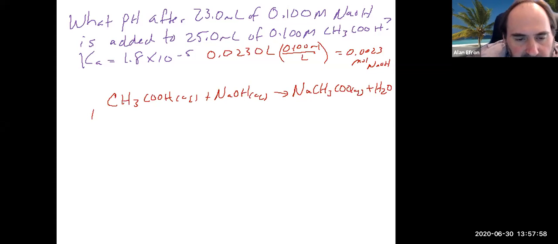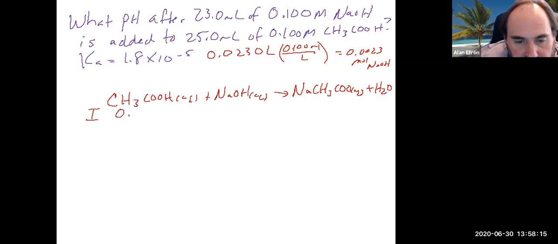We would do a similar calculation for our acetic acid: 0.025 times 0.1 gets us 0.0025.